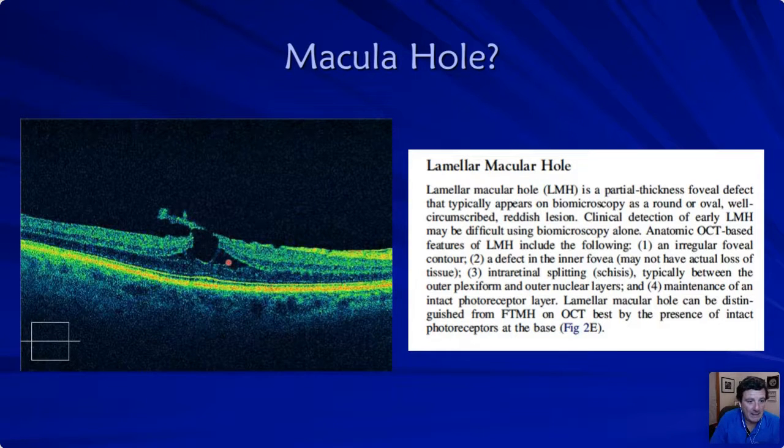So this is not full thickness. You wouldn't measure this and say, oh, that looks like about 300 microns right there, that's a medium full thickness macular hole. That is not. The key here is you have an intact photoreceptor layer, which now turns it into a lamellar hole.